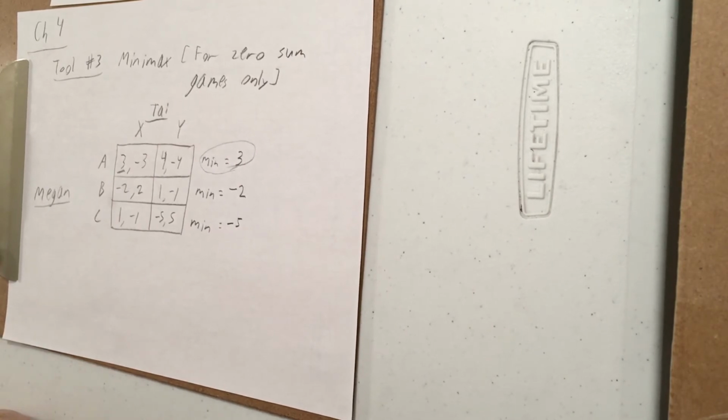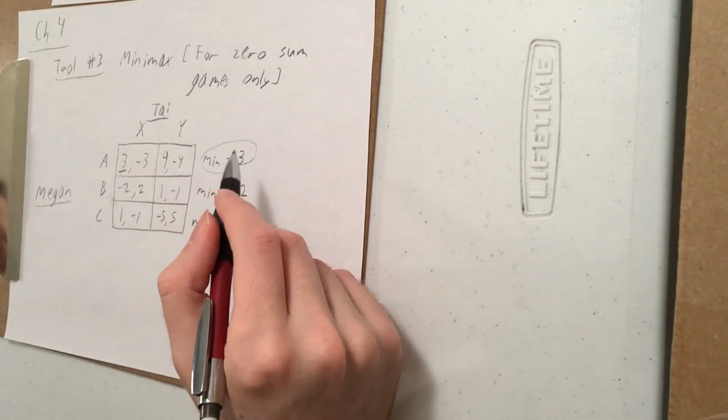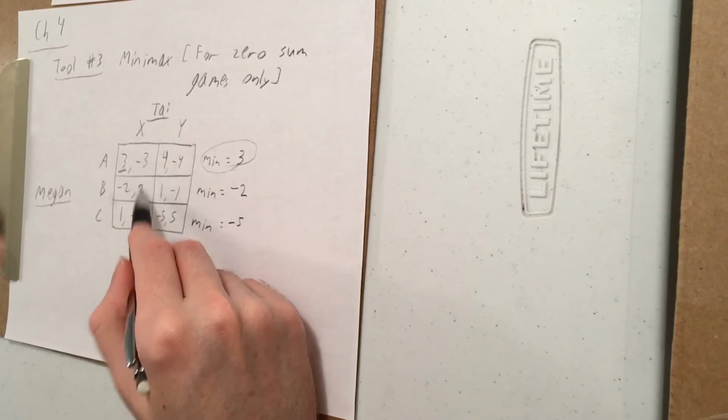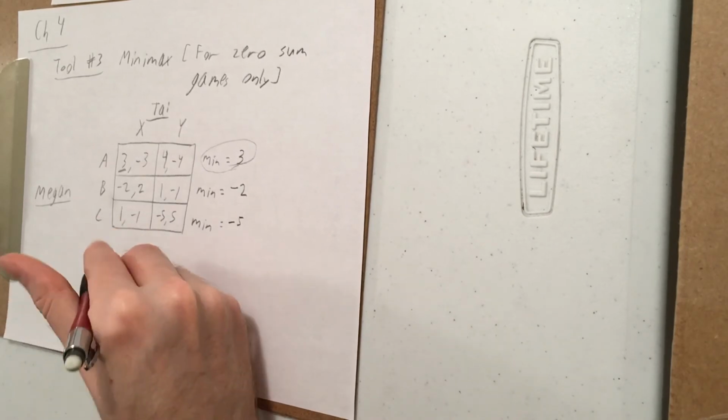Now we're going to do the same thing for Ty. If Ty plays X, what is his worst case scenario? Ty is our column player, so his payoffs come second. He looks at these numbers down here. The worst of them for Ty is the -3.